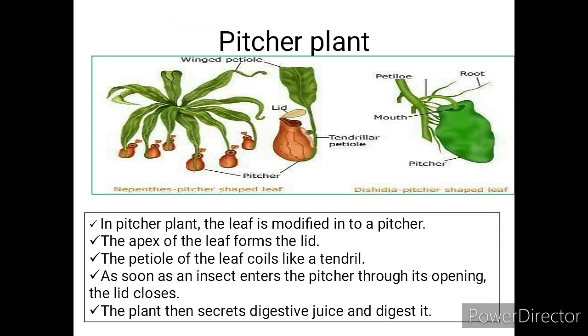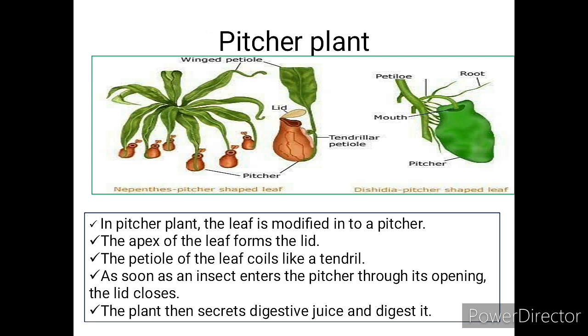You can see in this picture the plant has a bladder or a container. The plant also has a lid. And the very interesting mechanism of this plant is that it can catch the insect.